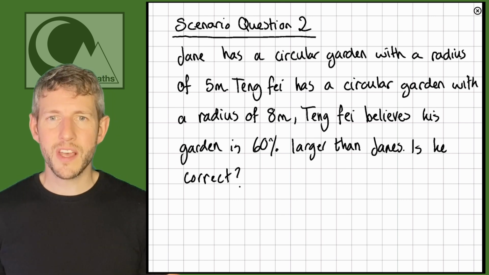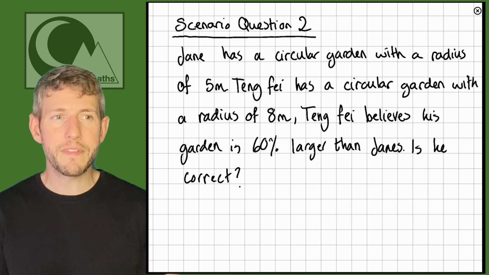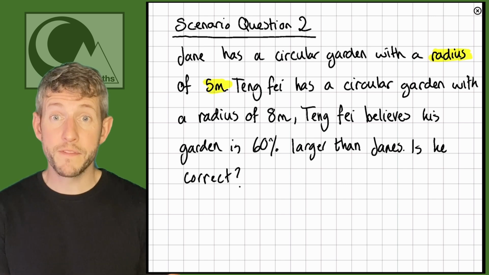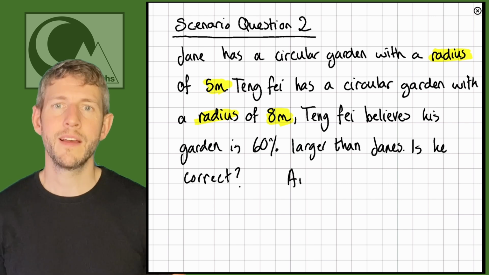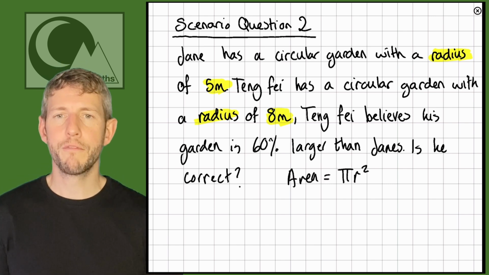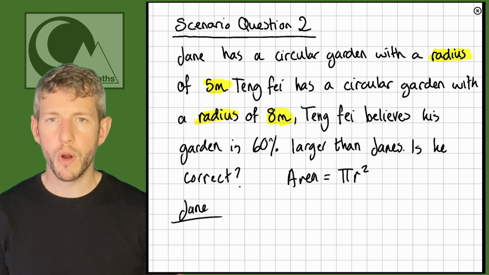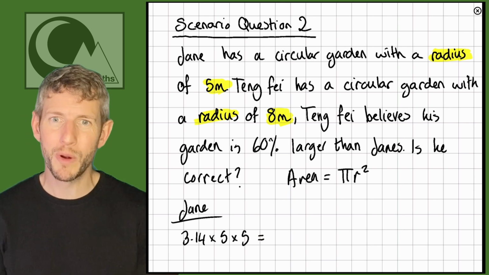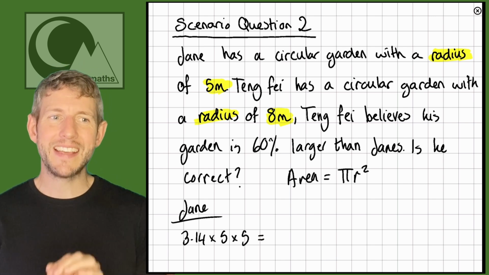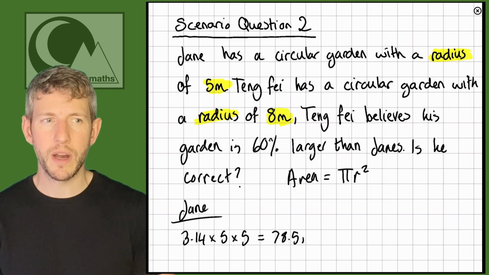Luckily, in terms of circles, this question is quite straightforward because they've given us the radius of both circles. So remember that the area is pi times radius squared. So for Jane, we're going to have 3.14 times 5 times 5, which is the size of the pool in the last question. So that is 78.5 meters squared.